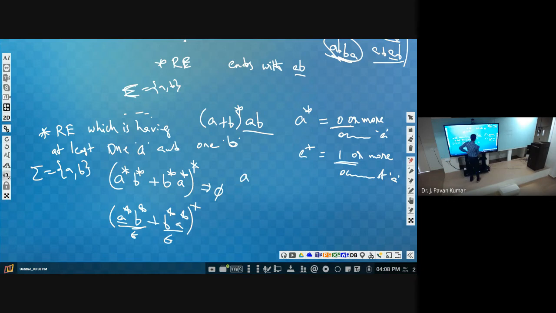Now how can we do this? We can have strings like AB, AB, ABB. That means one A and one B is mandatory. BA is also accepted, BAA is accepted. These are all acceptable, allowed strings. Now you try to analyze.